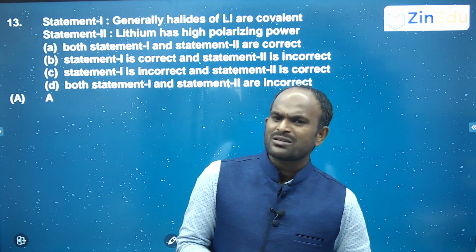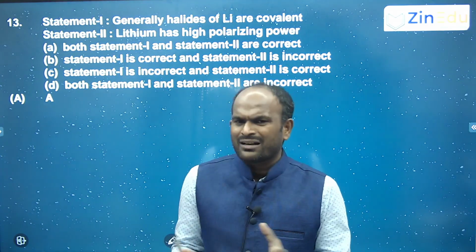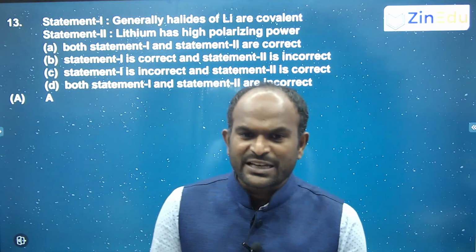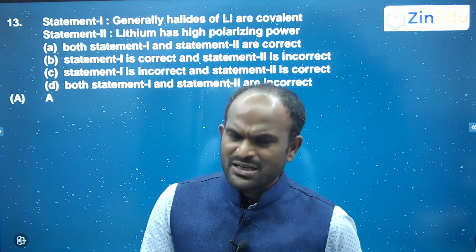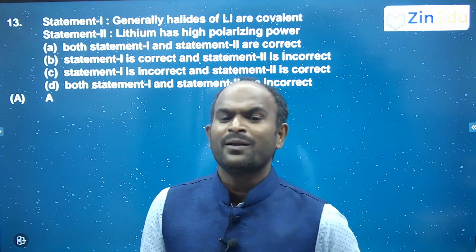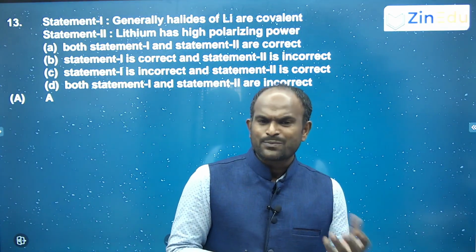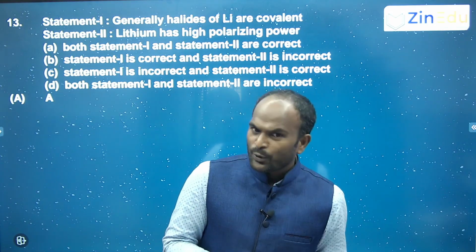That's why it also has more typical character when compared with the remaining Group 1A metals. For the remaining Group 1A metals, their carbonates are stable, their nitrates are stable, and their bicarbonates are also stable. But in the case of lithium, that is not happening due to smaller size, covalent nature, more electronegativity and more polarizing power.